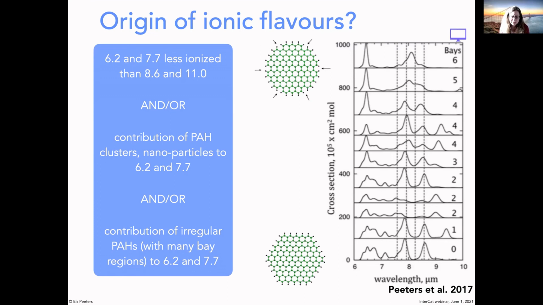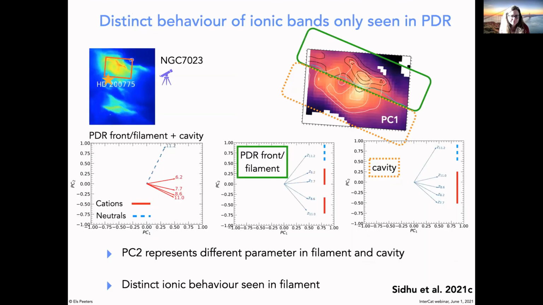So it could be that the edge structure also has some role in the emission of the 6.2 and the 7.7, but less so for the 8.6 and 11.0. Which of the three is the origin of these different ionic flavors is currently not settled.